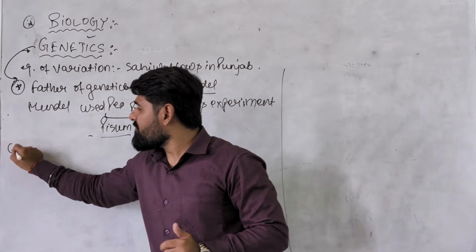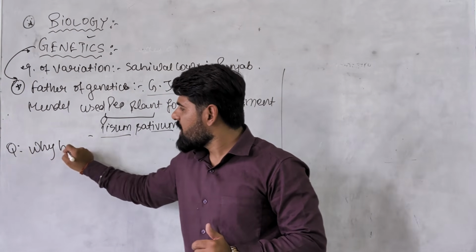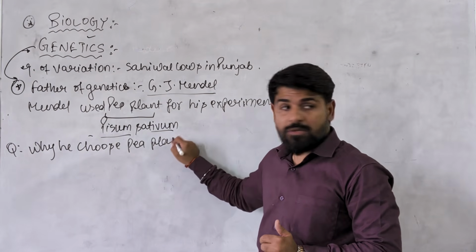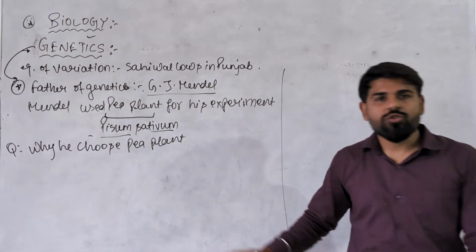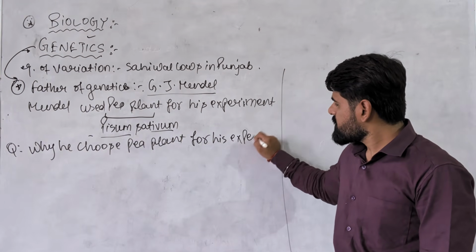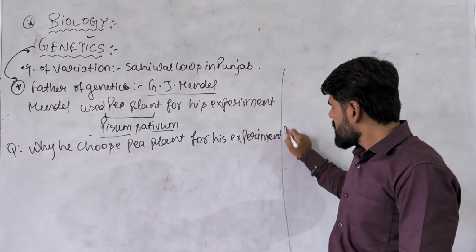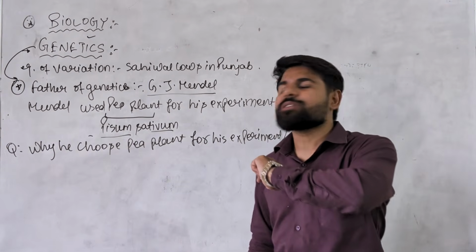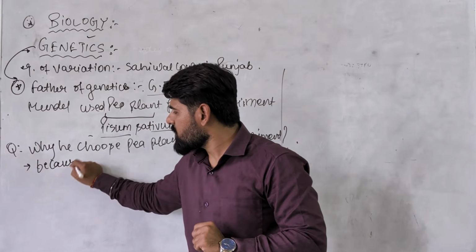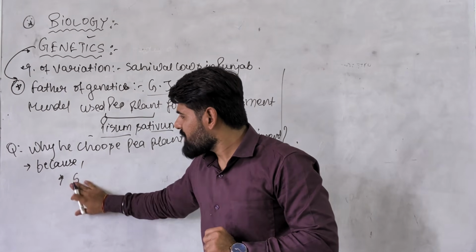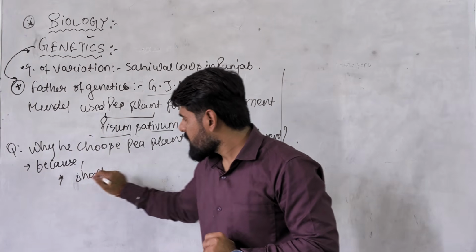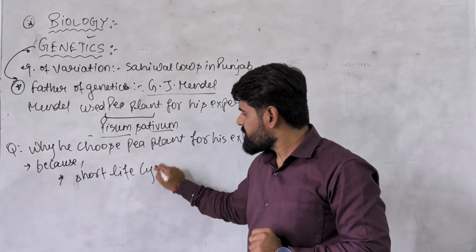Now the question is, why did he choose pea plant for his experiment? He chose pea plant because of the following reasons. Because pea plant has a short life cycle.